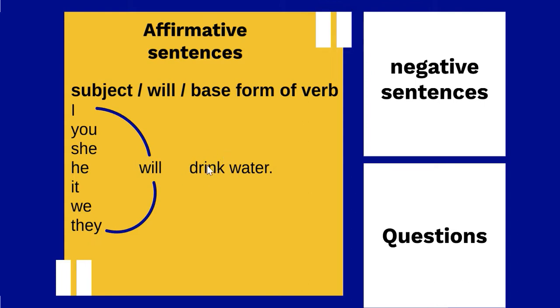In this case, it has to be the base form of the verb. You don't have to change it for third person, past, or future. It's the same for the future. We are going to use the base form of the verb and will for all the subject pronouns.